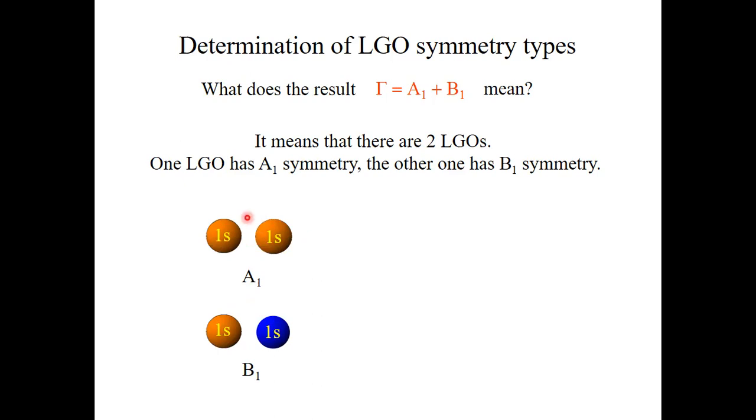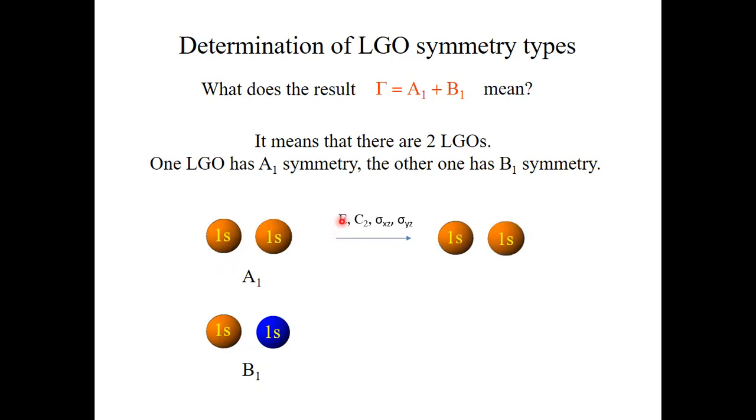Now this combination here refers to the ligand group orbital which has the symmetry type A1, while this combination here represents the ligand group orbital with the symmetry type B1. We can again show that this is the case by applying the symmetry operations to the respective ligand group orbitals. So we can maybe briefly do this.